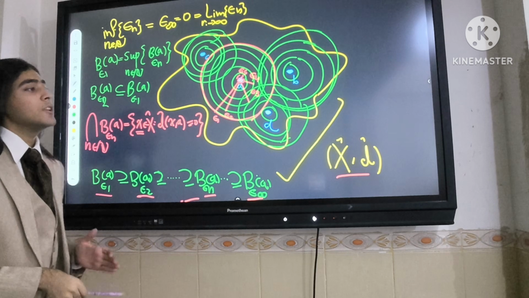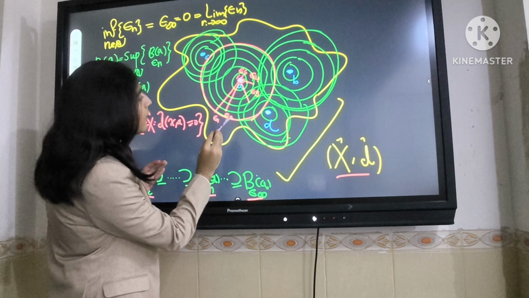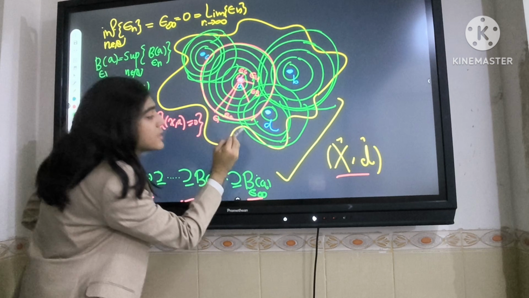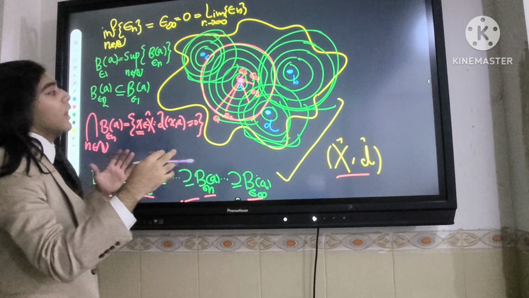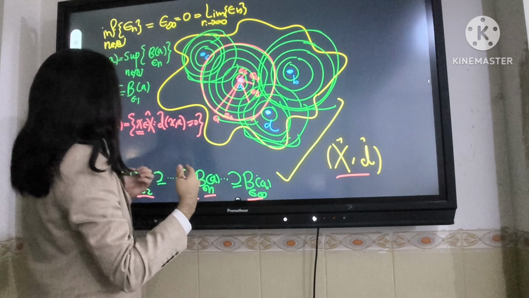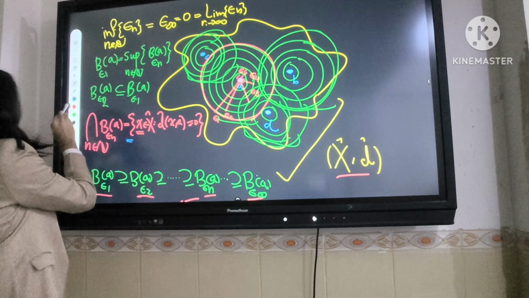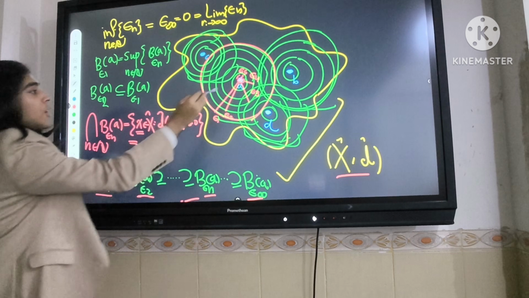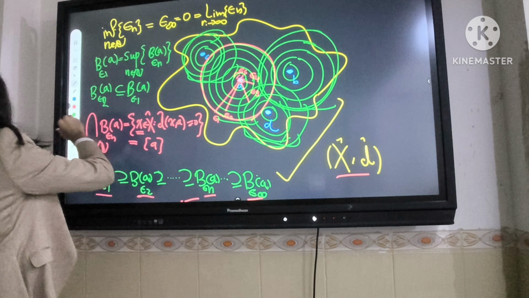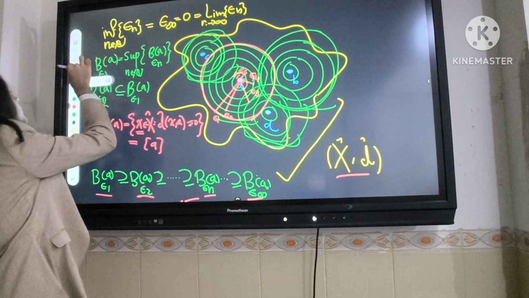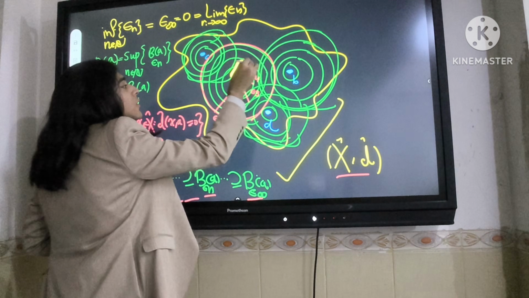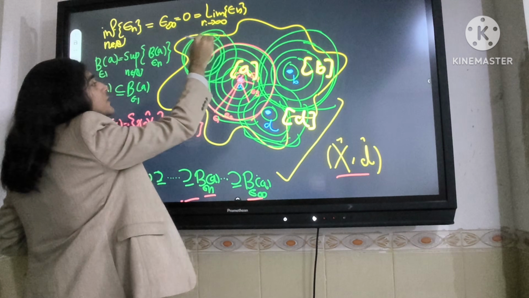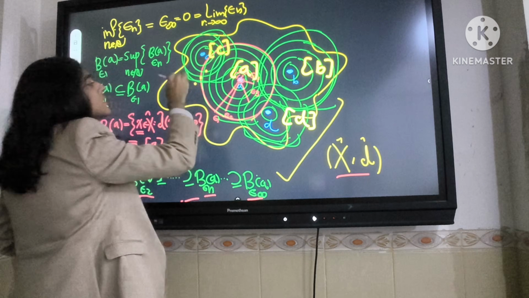That is the geometrical interpretation. Here, all of these circles give me, in the end, the equivalence class of A, the equivalence class of B, the equivalence class of D, the equivalence class of C, and so on.